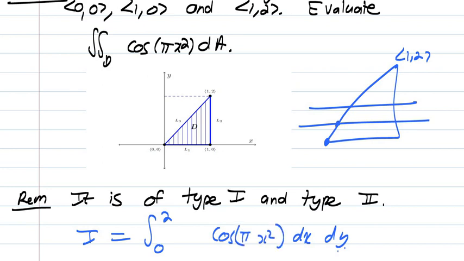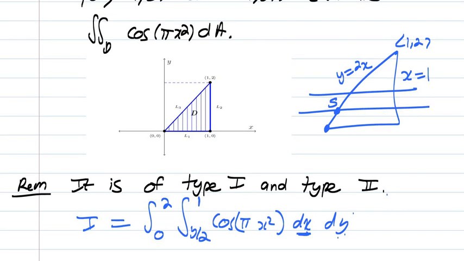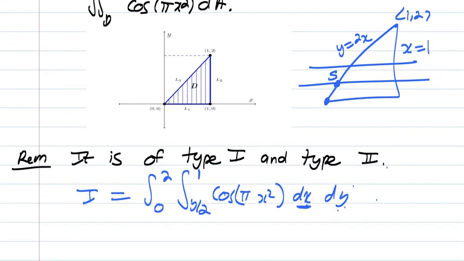And so now this is the line y equal to 2x, leaving it for you to verify. And this is the line when x equal to 1. So here, where does x start? It starts here when it is y over 2. And where does x end? X ends when it is equal to 1. So this is if we treat it by making horizontal slices.